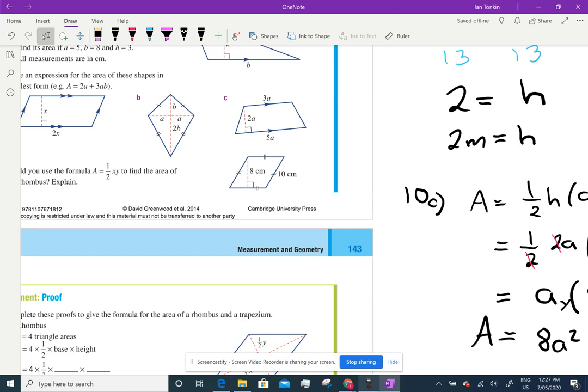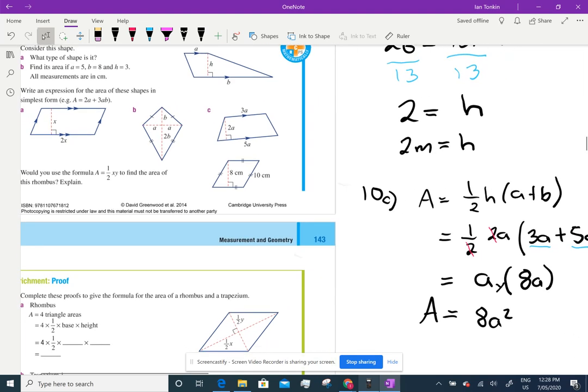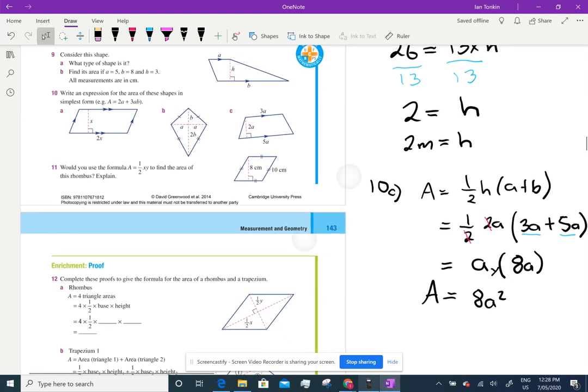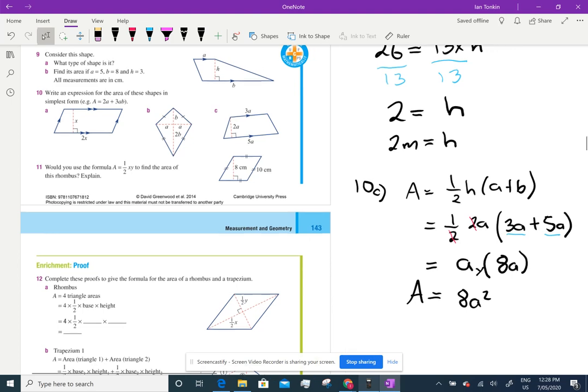It's just a special parallelogram, where all the sides are equal. So I can use the parallelogram formula for this.